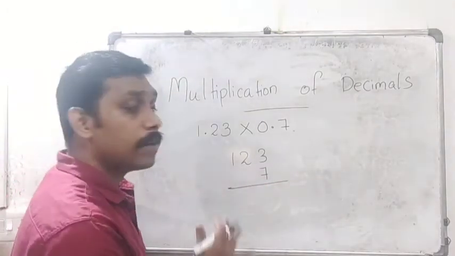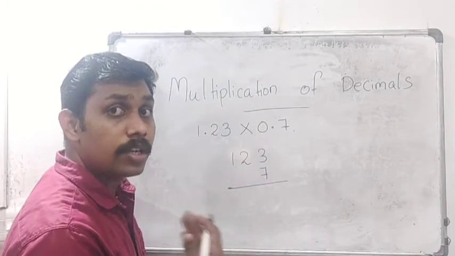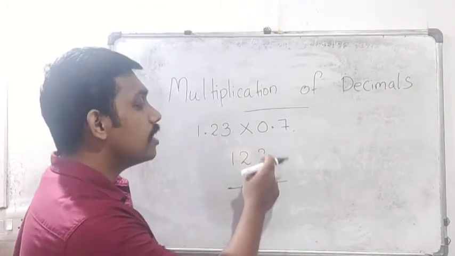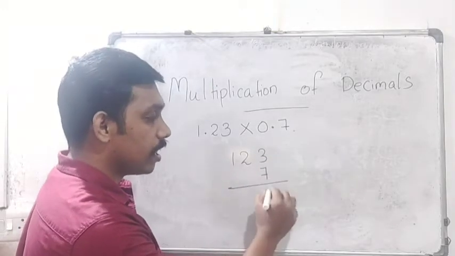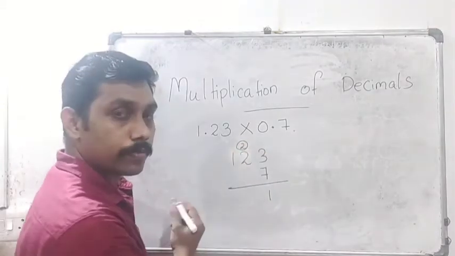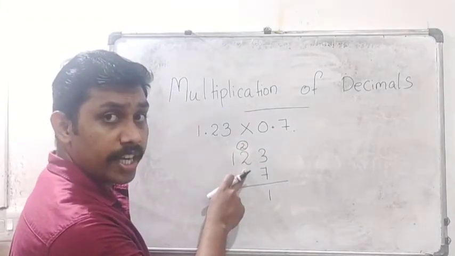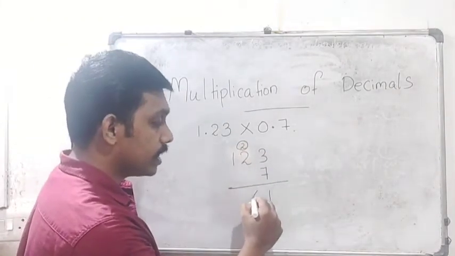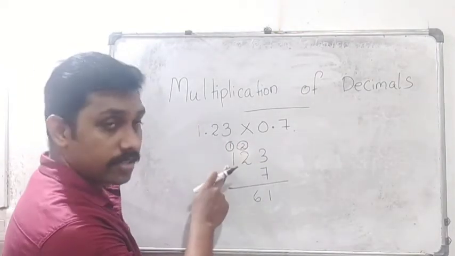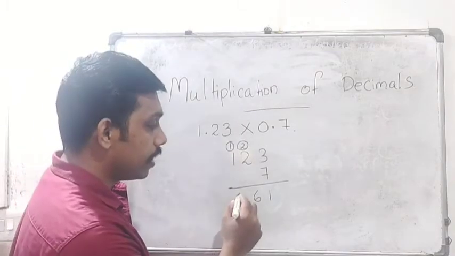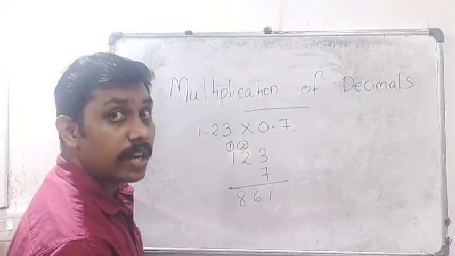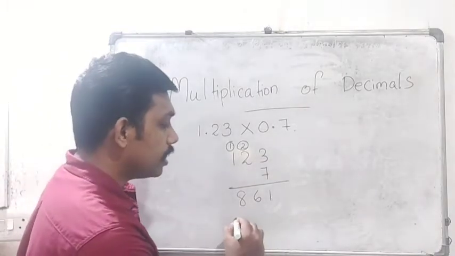Now just multiply the given numbers without decimals. 7 3s are 21. Now the carry is 2. 7 2s are 14. 14 plus 2 is 16. Now again we have carry 1. 7 1s are 7. 7 plus that carry becomes 8. So the answer is 861.